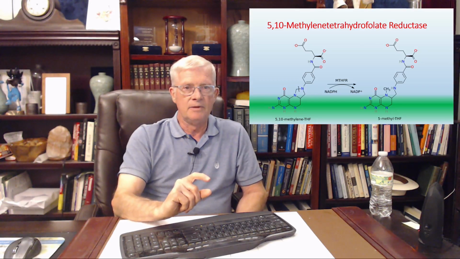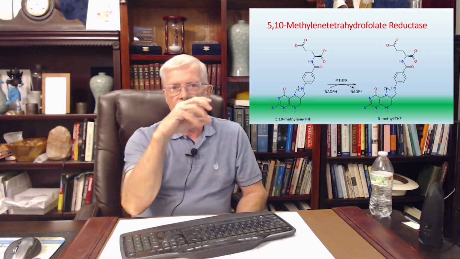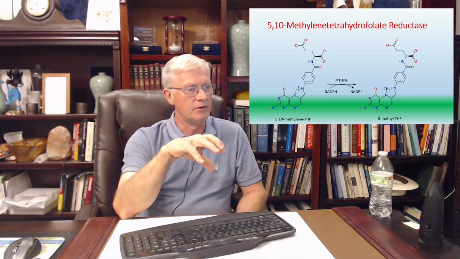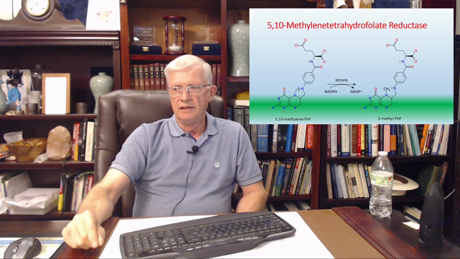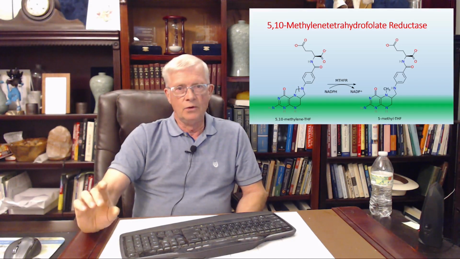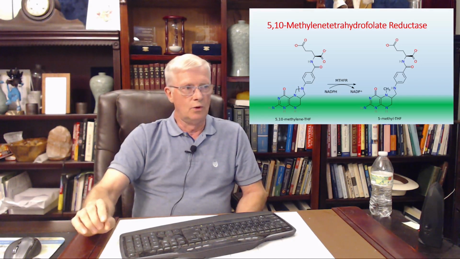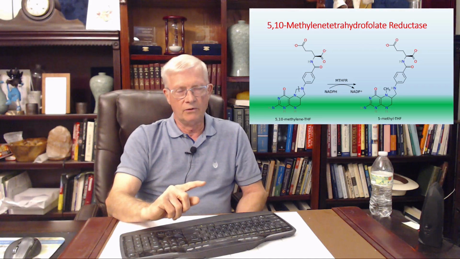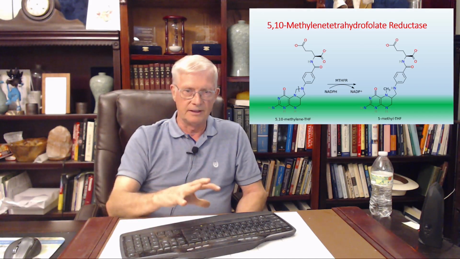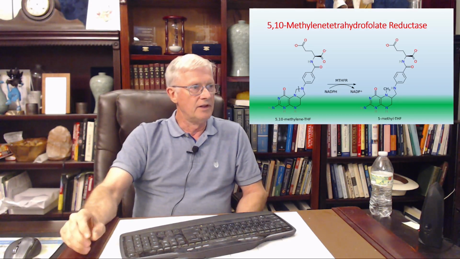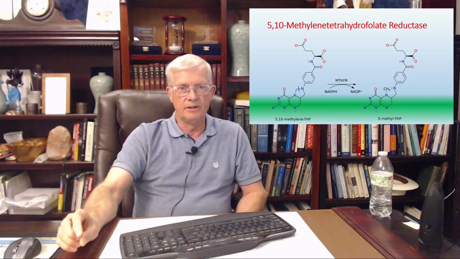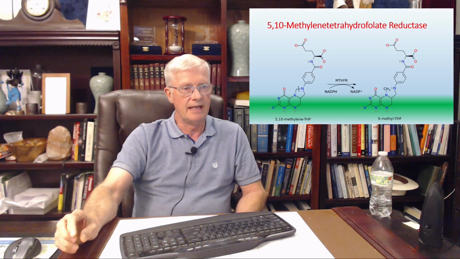This is what we call the rate limiting enzyme for this whole cycle. So that's where it's really controlled. If this enzyme isn't working right, the whole cycle gets sluggish and declines. So this is the rate limiting enzyme for folate metabolism.